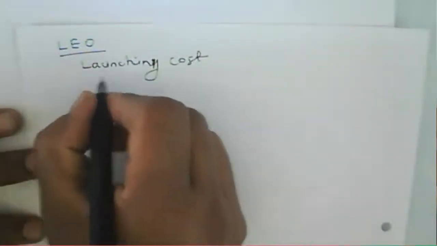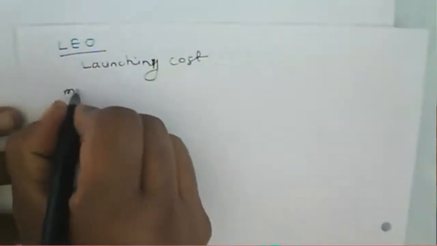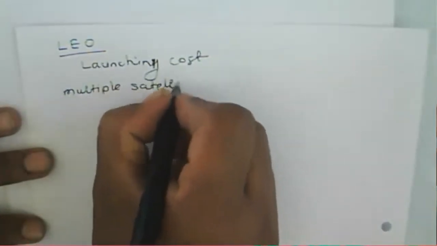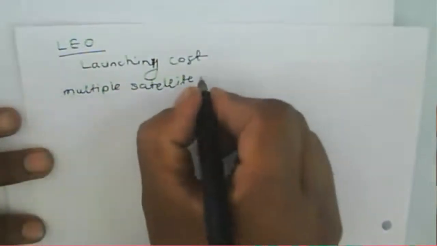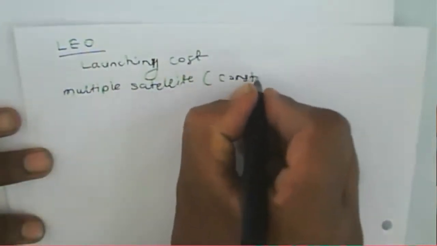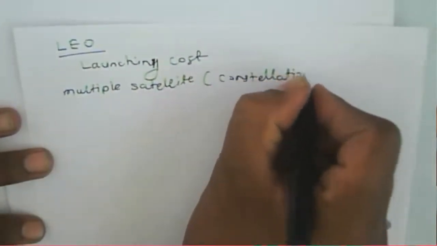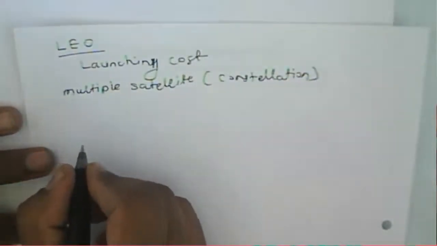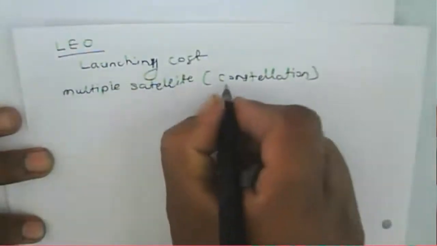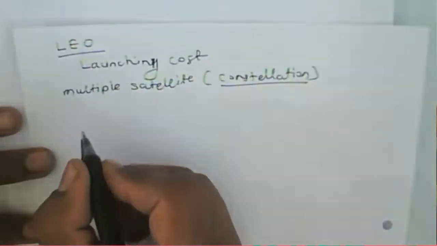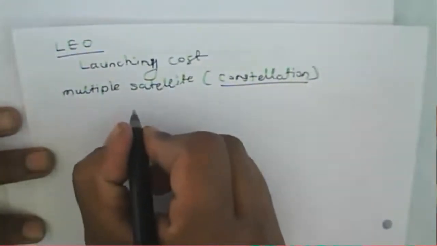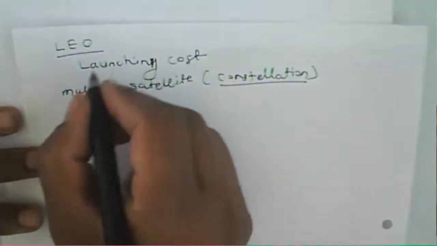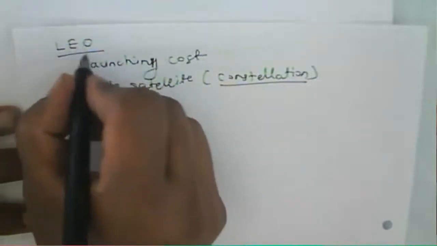For a particular communication, we need to use multiple satellites, or you can say a constellation of satellites is needed for the communication.